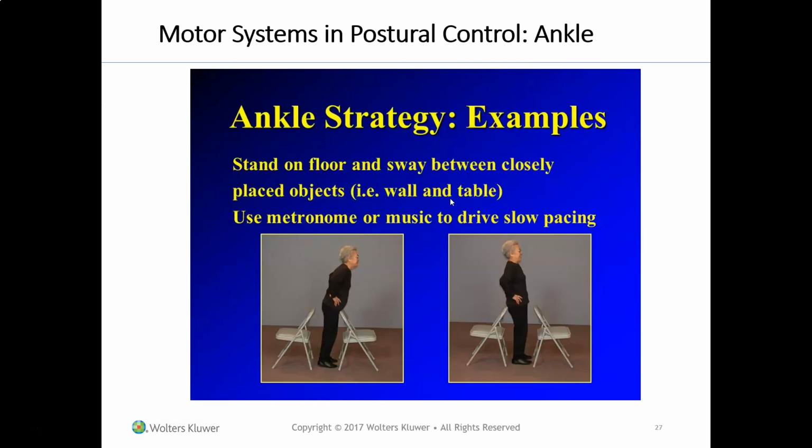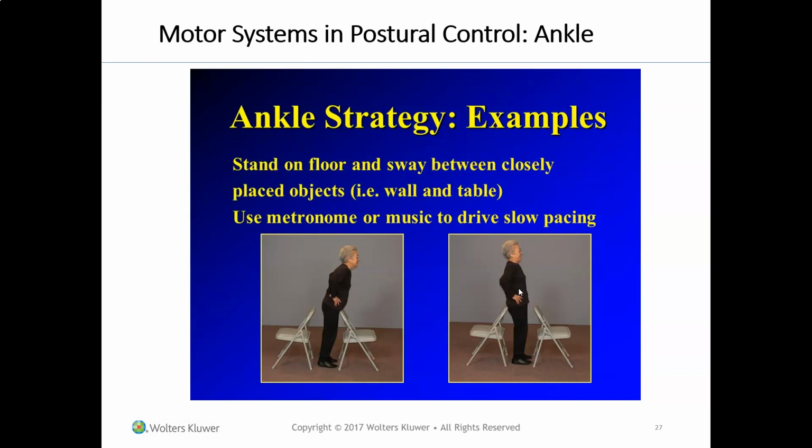But let's look at the three strategies. Technically four, but the first one is the ankle strategy. Stand on floor and sway between closely placed objects such as the wall and the table. So you're just kind of using their ankle, going back and forth, back and forth. You can use a metronome or music to drive slow pacing.